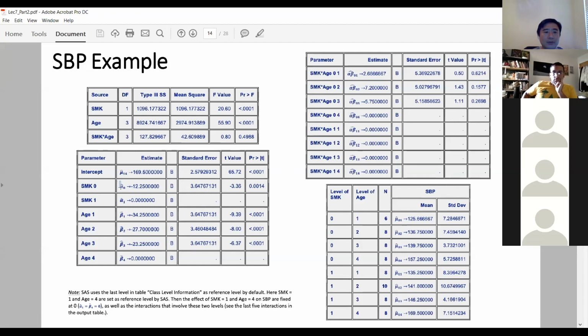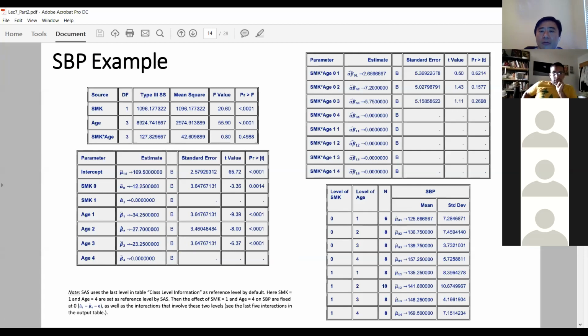So which is the smoking, non-smoking, smoking 0 compared with the smoking, because you use the smoking as a reference group. And age, you will have 3 parameters with that 3 degree of freedom, because you choose one as a reference group, and therefore you will have the other 3 to compare with the reference group.